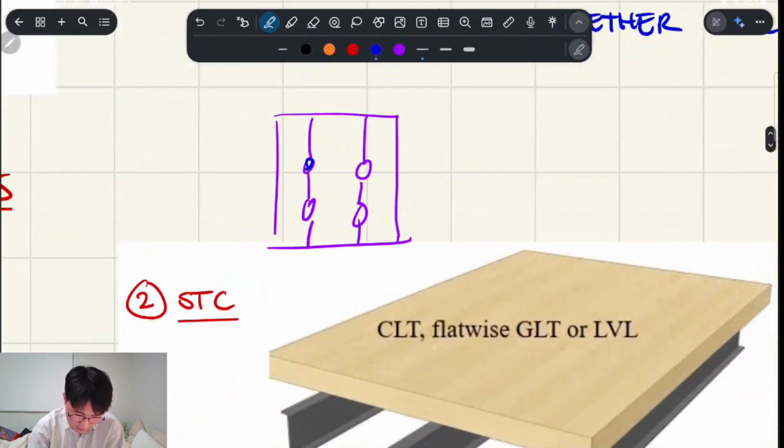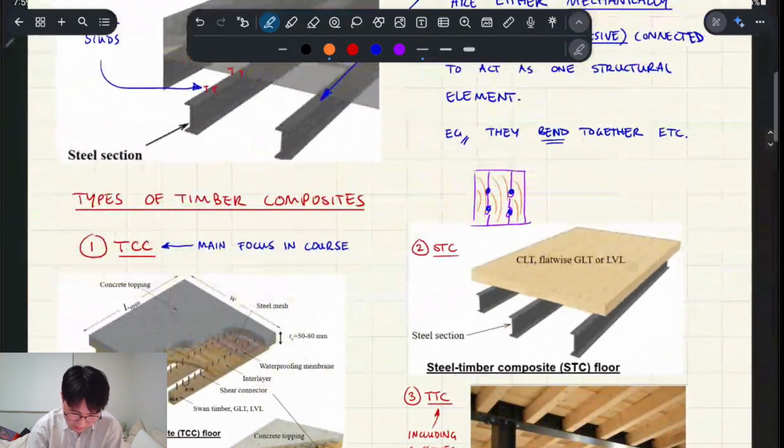You can reinforce using steel rebar, or glass fiber rods, or carbon fiber rods to reinforce your timber planks to get beneficial strength. That's another example of a steel timber composite.